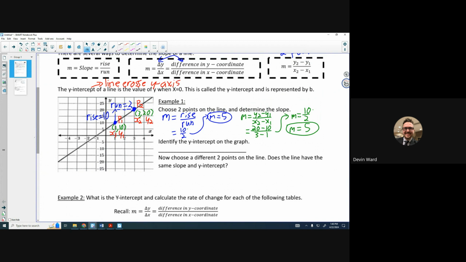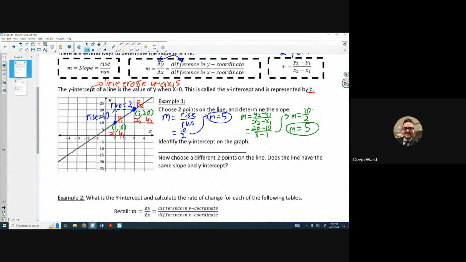It's called the y-intercept, and it's represented by the symbol b. Why b? Well, we couldn't use y already because that's the variable for any value of y, any vertical value. So we're using b, which we'll get more into when we talk about the equation of a line.